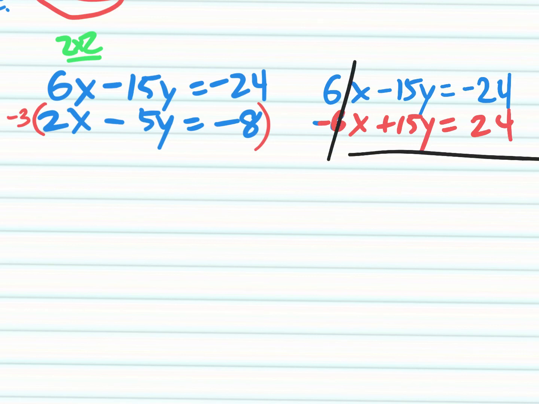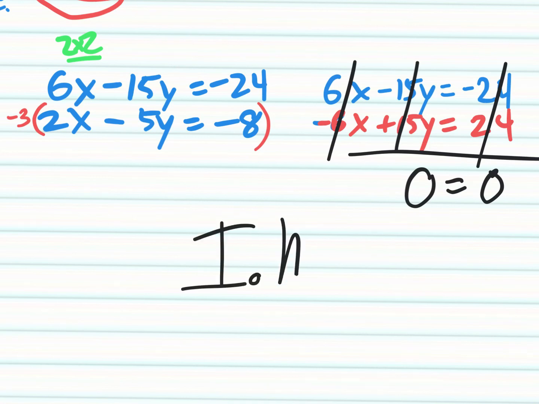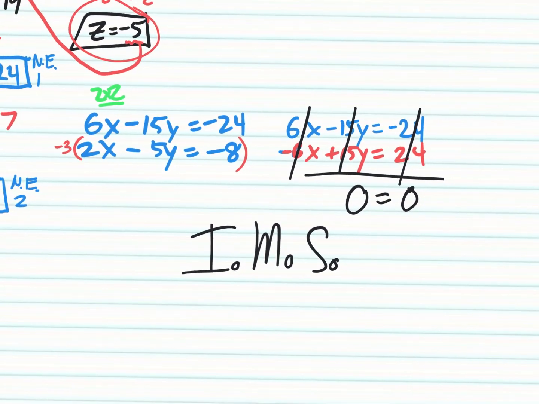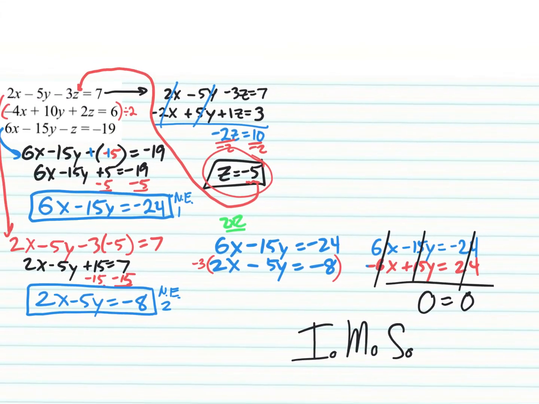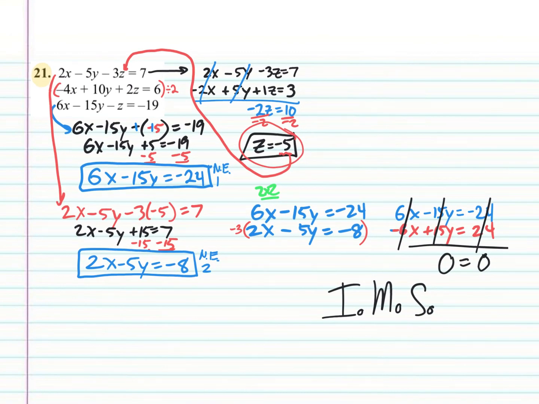Combine, cancels, cancels, cancels, 0 equals 0. What do we say? Infinitely many solutions, IMS. Which I believe on the test, you don't even have to put the decimals. You just put IMS and you're good to go. That one took a while. I'm sure it could have been done 1,000 other different ways, but that's how we got it.